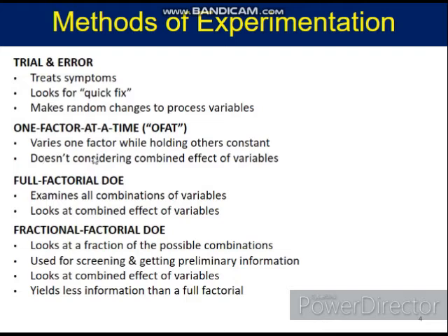That's what it means. One factor at a time doesn't consider the combined effect of variables. So again, if you want to find out the effect of two variables on the softness of the bread and you run a one factor at a time experiment, then you're going to lose the opportunity to understand the combined effect of temperature and eggs.